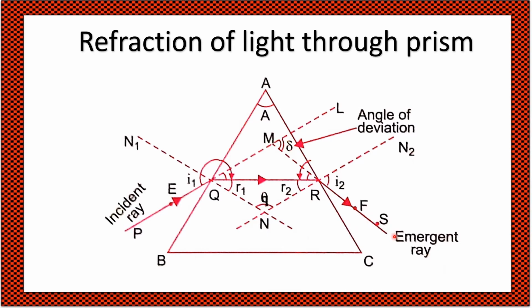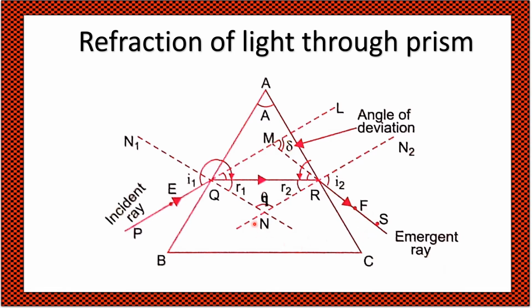The ray of light suffers refraction at two faces. Which are the two faces? AB and AC. So you can see here the incident ray bends towards the normal as it undergoes refraction because it travels from rarer medium to denser medium, and as it travels along, again it suffers refraction because one more face of the prism, that is AC, is there, and it bends away from the normal but towards the base of the prism.